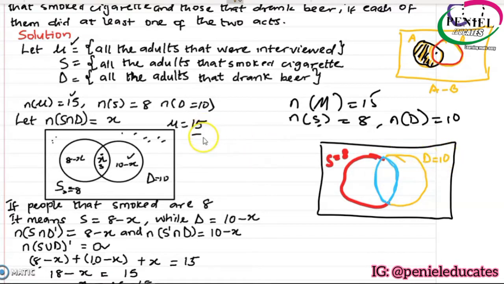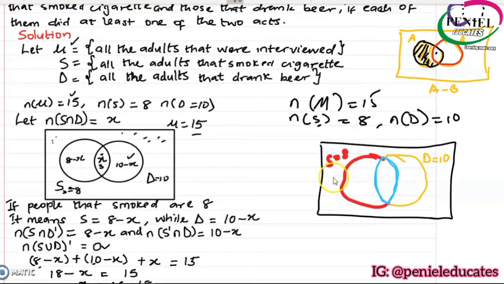So in this case we have 8 people that smoked cigarettes, and we have 10 people that drank beer.